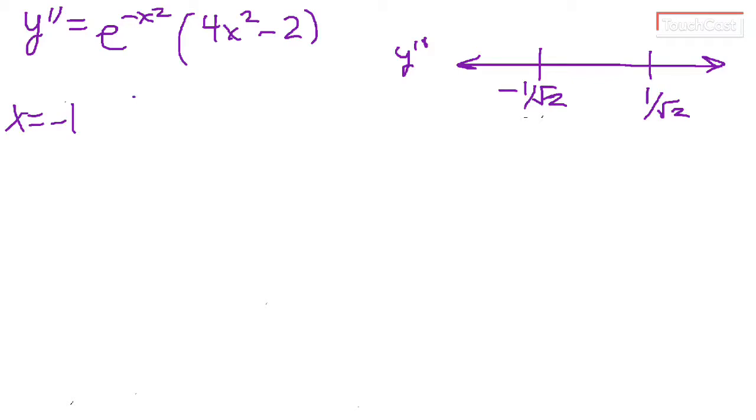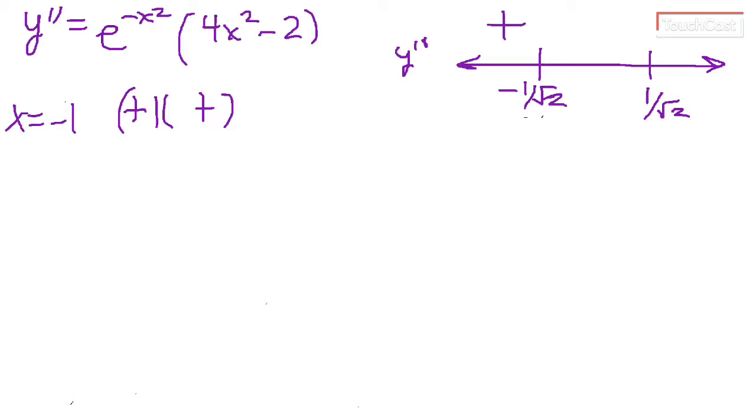All I care about is that's positive. And inside the parentheses, I'm going to have 4 times negative 1 squared. Negative 1 squared is 1, times 4 is 4, minus 2. That's positive. I'm going to be multiplying two positive numbers together, so I'm going to have a positive result.